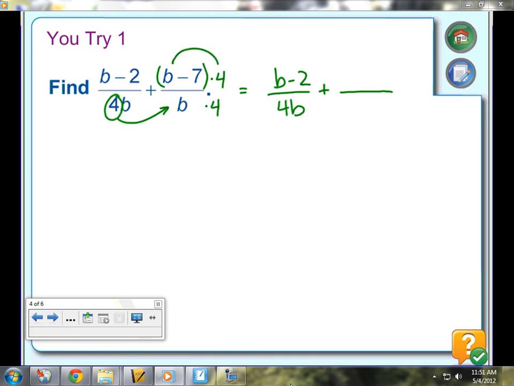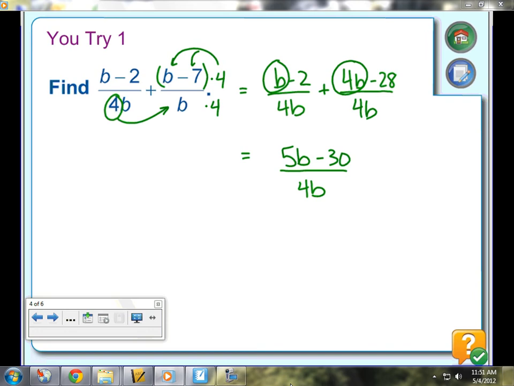So we'll draw our parentheses in. That'll be 4b minus 28 over 4b. And now we'll write everything over our common denominator of 4b and simplify. So b plus 4b makes 5b, and negative 2 and negative 28 makes negative 30, and we're done.